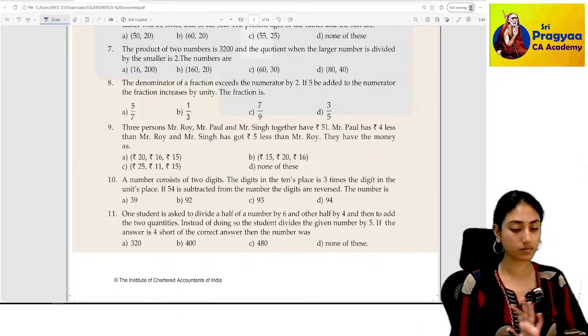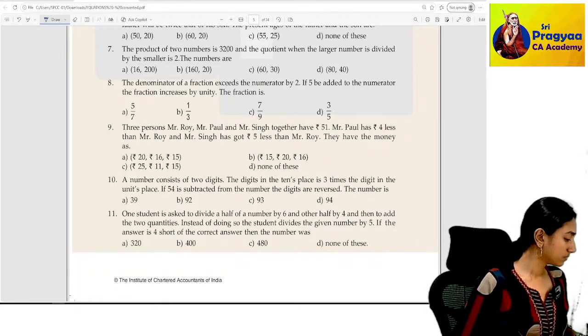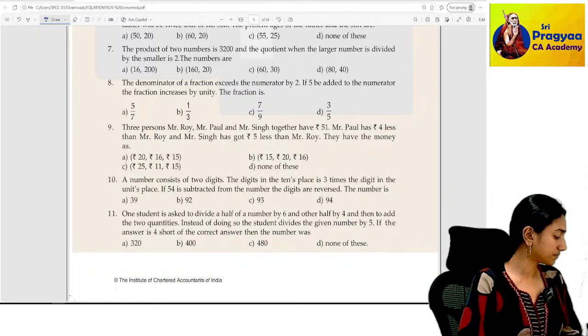Tenth one option C, right? Ma'am. Option C, yes, correct.